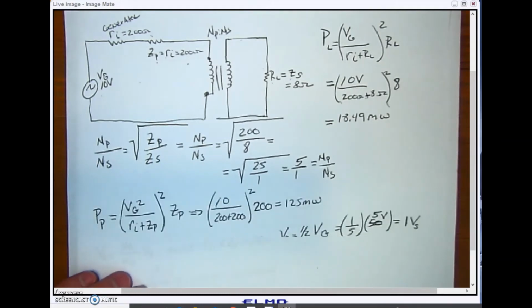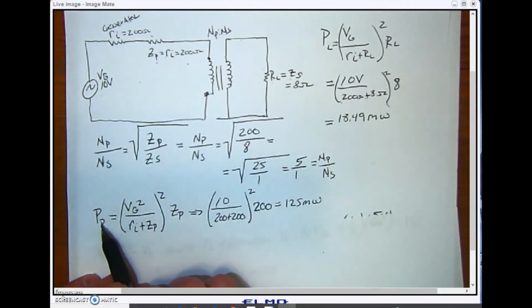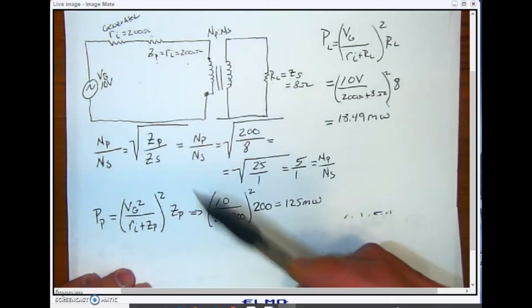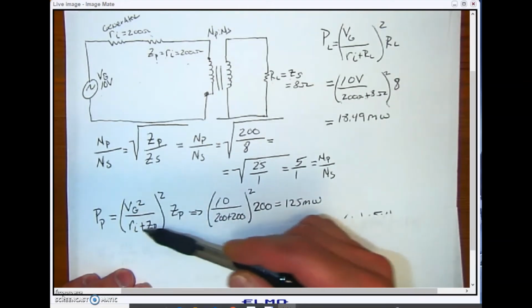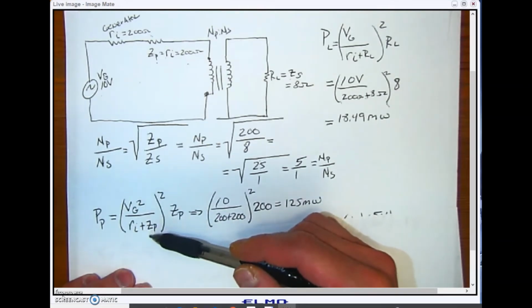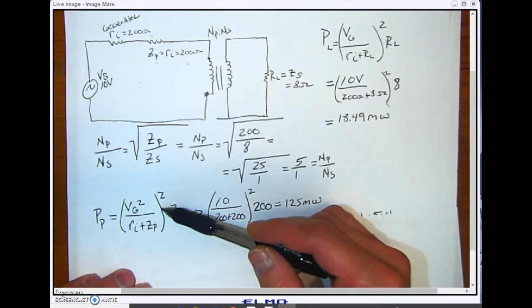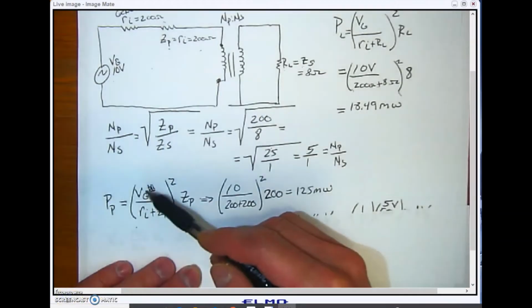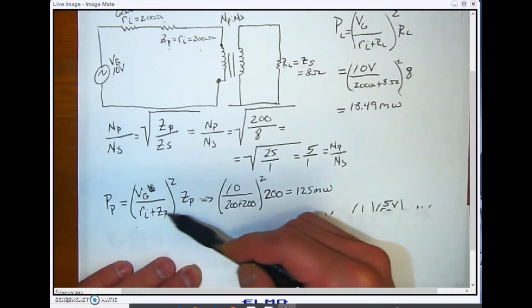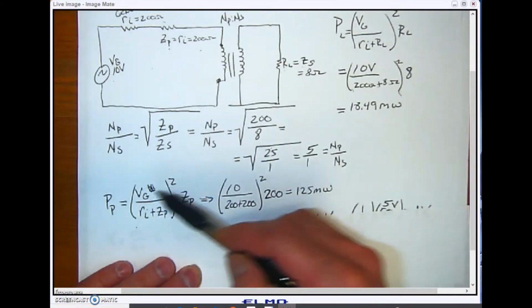Next, we want to take a look at the power in the primary, and that's over here. And that's VG over RI plus ZP, and we square it. I made a mistake. It's actually VG over RI plus ZP, and we square this whole thing, not just VG.